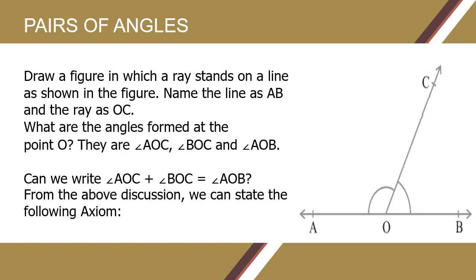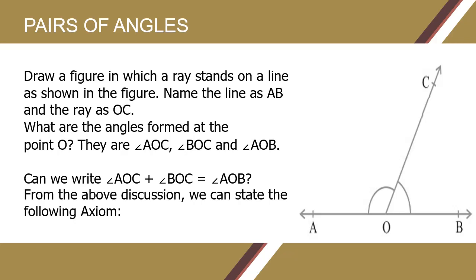My simple question is that angle AOC and angle COB are adjacent angles, yes or no? The answer is simply yes, because they have common vertex O, common arm OC, and non-common arms, that is OA and OB, are on the opposite side of common arm OC.